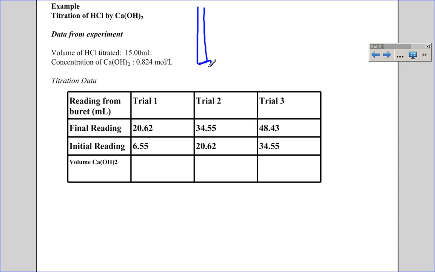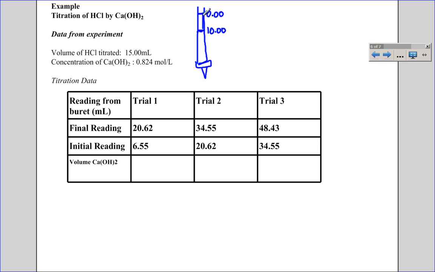And the way that we read the burette is we start at 0, and so we make an initial reading, and then we allow the solution to leave, and we read where the solution is when we've stopped the titration. So say, for example, I start at 0, and I allow the solution to leave the burette and stop when the solution is at 10.